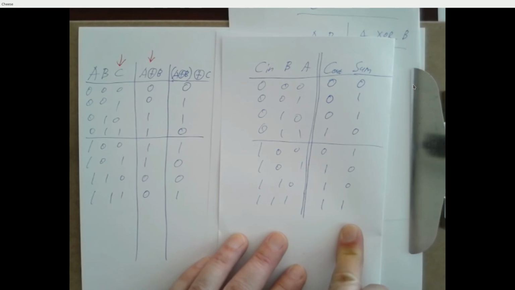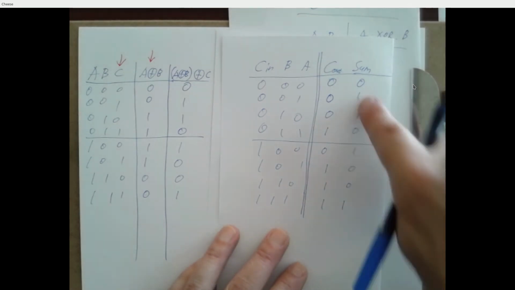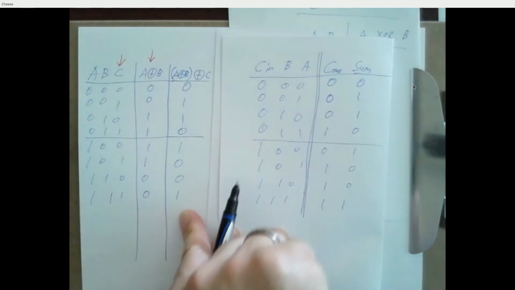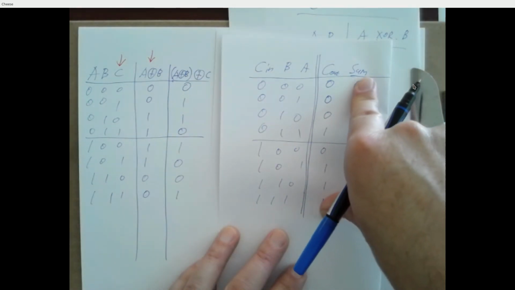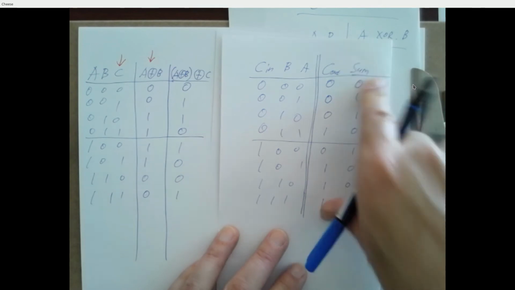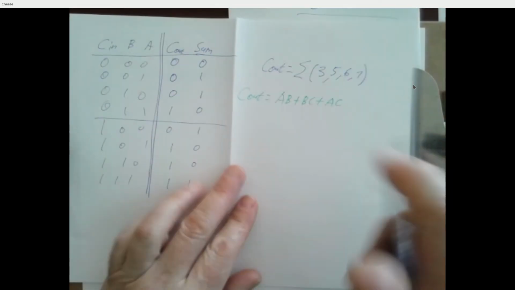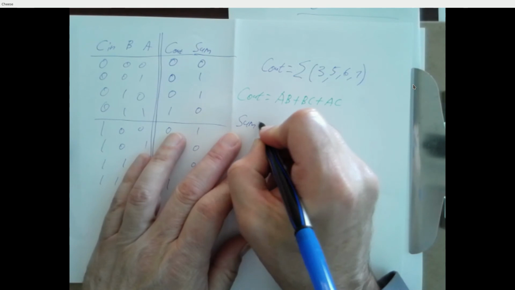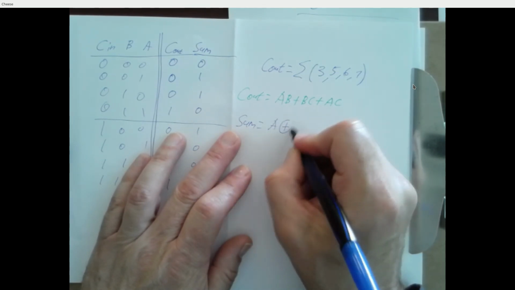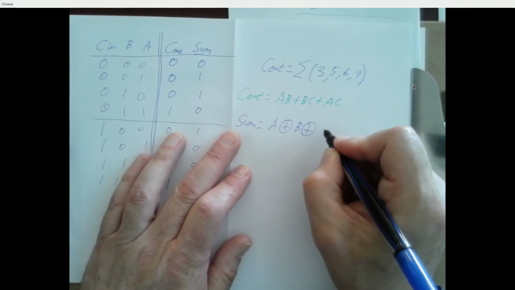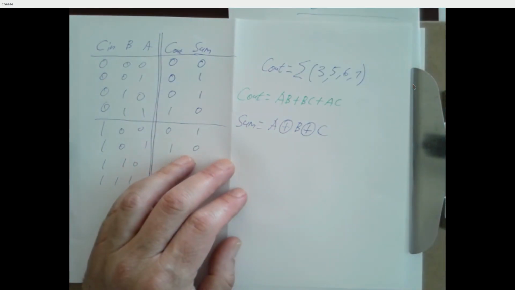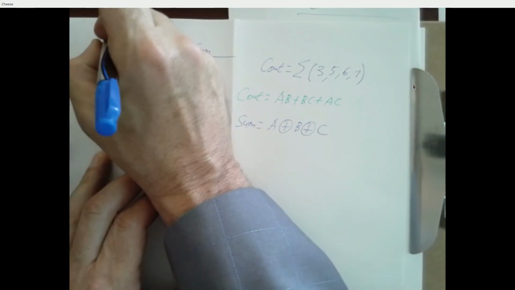So this observation, which took quite a bit of time just now, but which you'll start to recognize as you work with these truth tables more, this observation that this is the same as this lets us write the sum as a couple of exclusive ORs. It's going to let us say the sum is equal to A XOR B XORed with C, where C is the carry in.